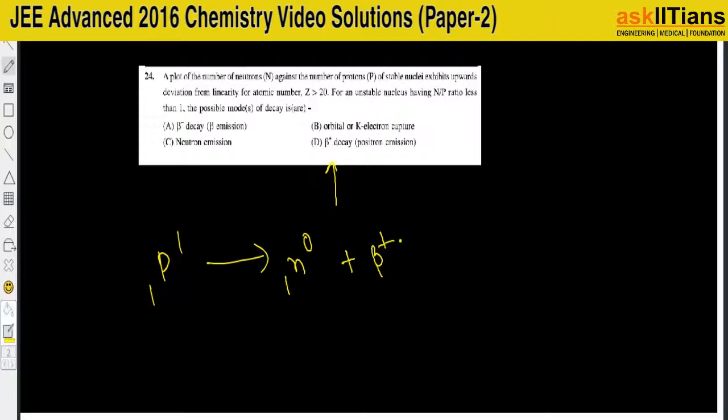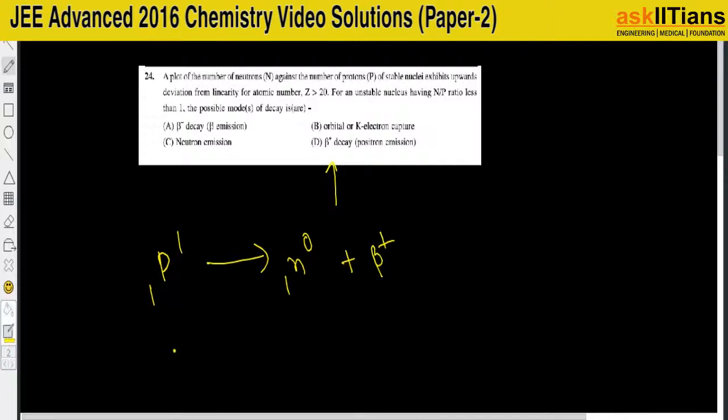B plus decay will be getting like this. So this is one way in which my N by P ratio can be less than 1. Then another way is when I will be adding some electrons, which is mentioned over here as K electron capture.